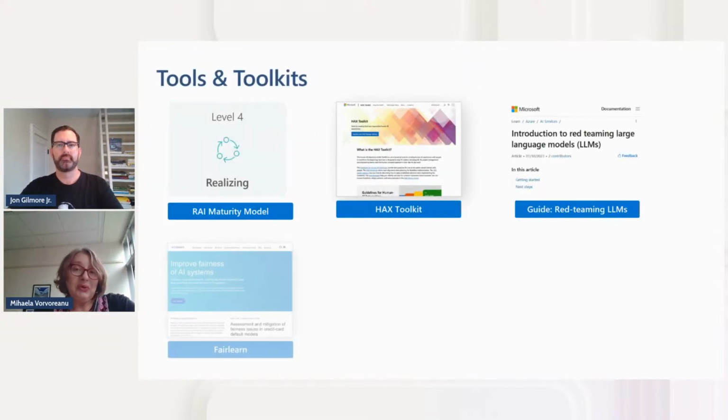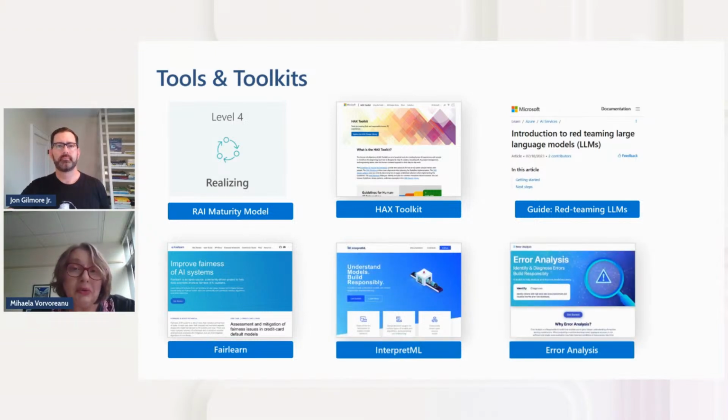And so, to help you practice responsible AI and to help us as well, John mentioned we have a variety of tools. These are just some of them that we could fit on one slide.